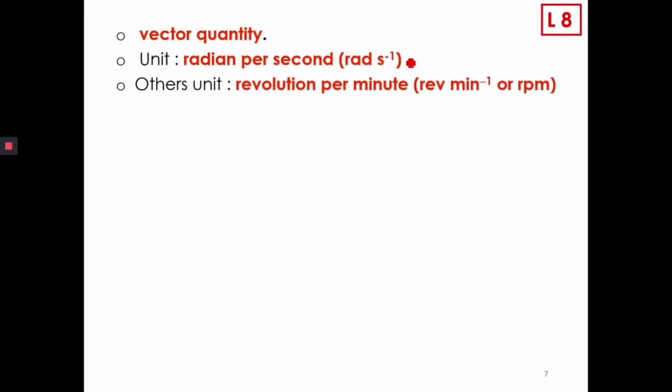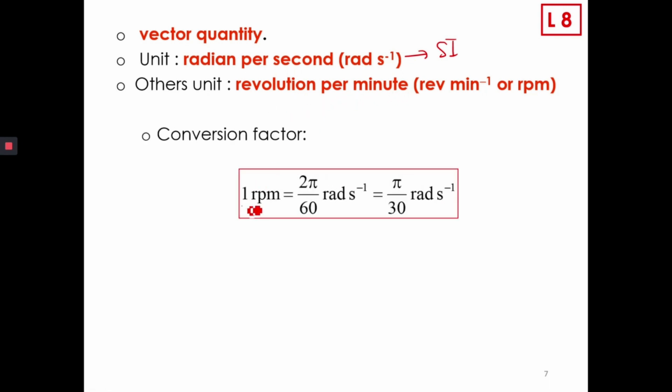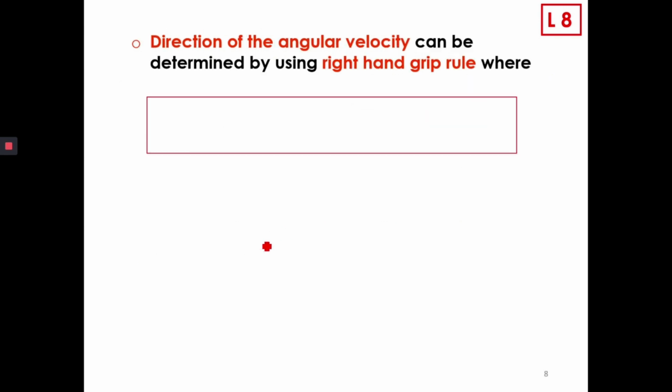The SI unit is radian per second, but it can also be expressed in revolutions per minute or revolutions per second. When you want to convert 1 revolution per minute into radian per second, 1 revolution equals 2 pi radian and 1 minute equals 60 seconds, so you have to multiply by 2 pi over 60.